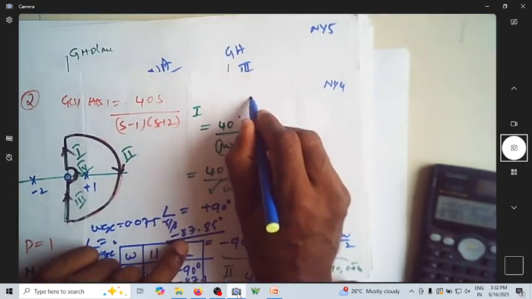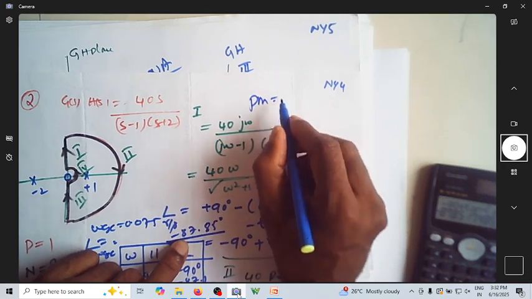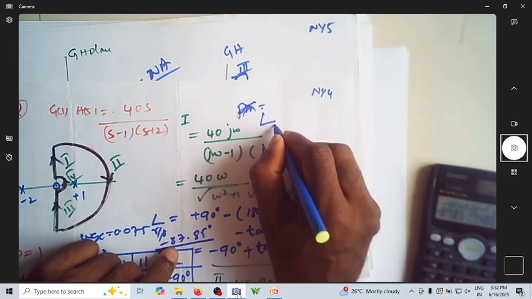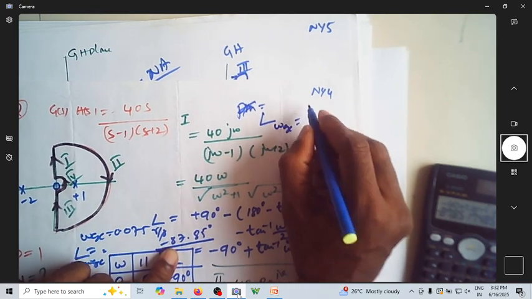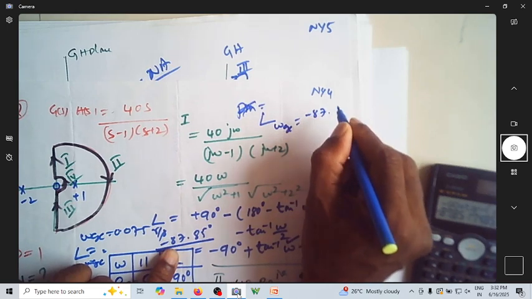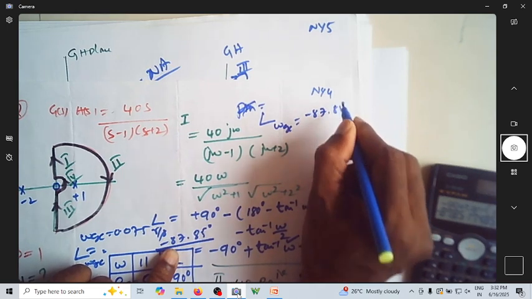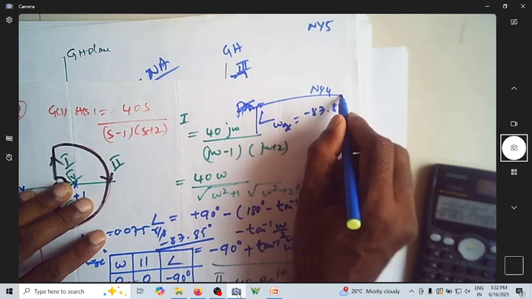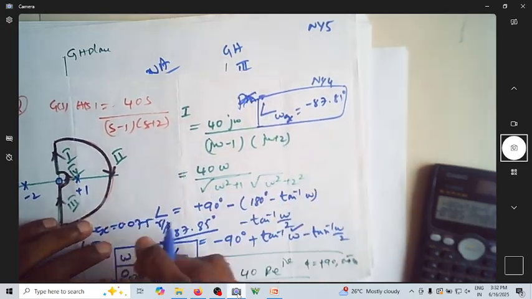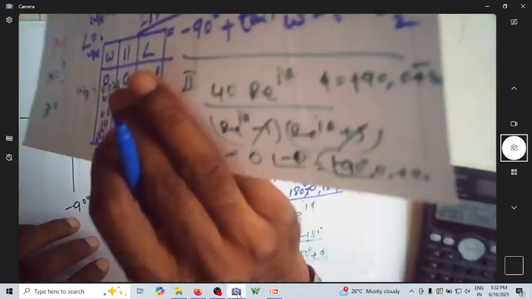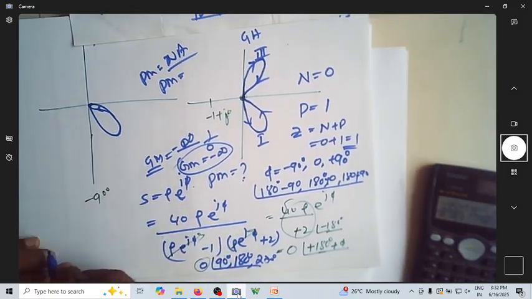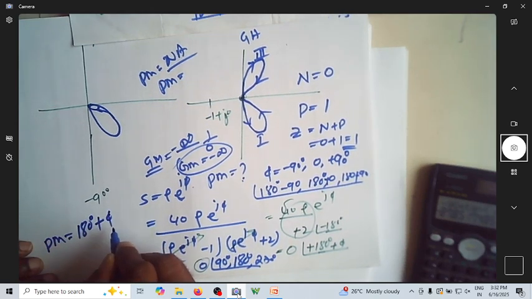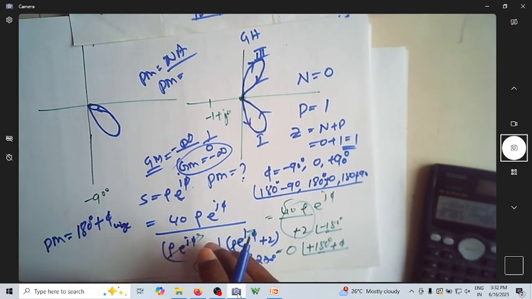So the phase at omega GC is minus 87.85 degree. Now what is the phase margin you have? Phase margin is nothing but 180 degree plus phase at omega GC.